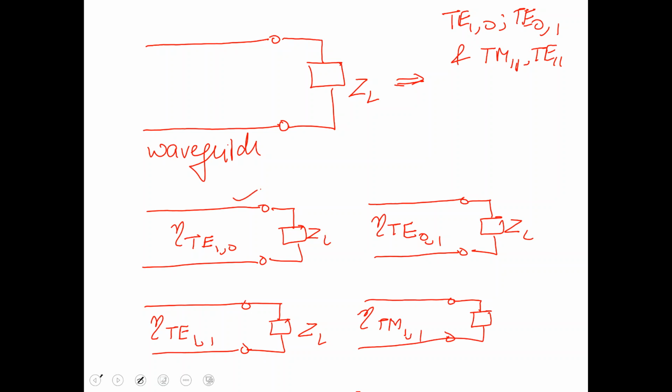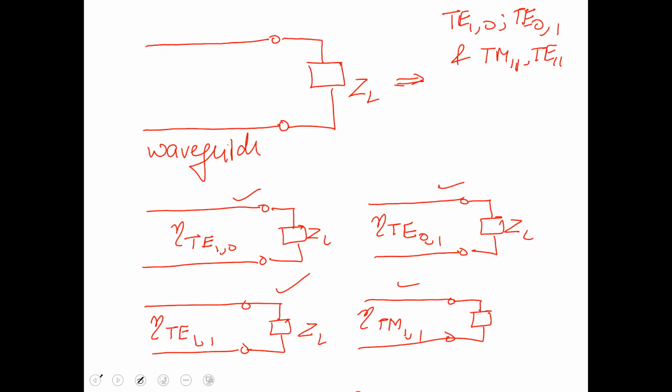So each of these are unique values. Again, remember all the modes which are going in are unique solutions. They do not interact with one another. So if I allow 4 different modes, I'm effectively allowing 4 different cables with 4 different characteristic impedances connected to the same load.